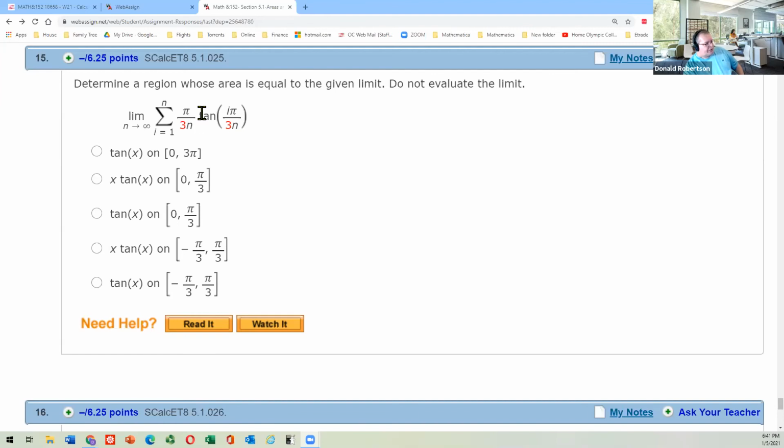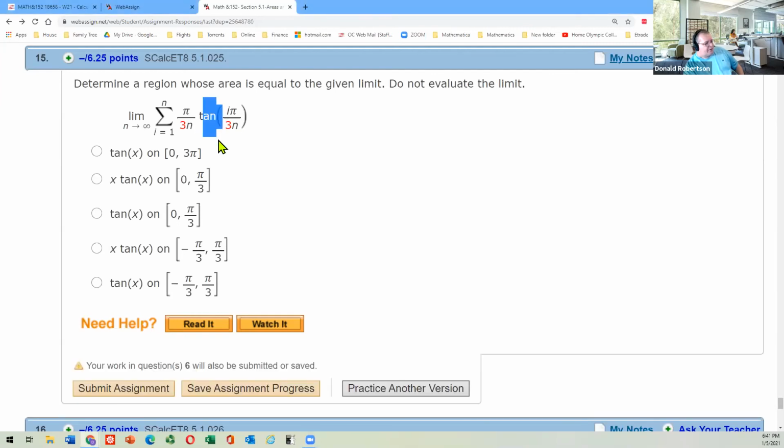Would you agree that that guy there, the tangent, tells me that the function is going to be tan x? That means I'm not going to even look at that guy or that guy because they don't have tan x, they have x. That's good. Now, would you agree that this guy here represents delta x?